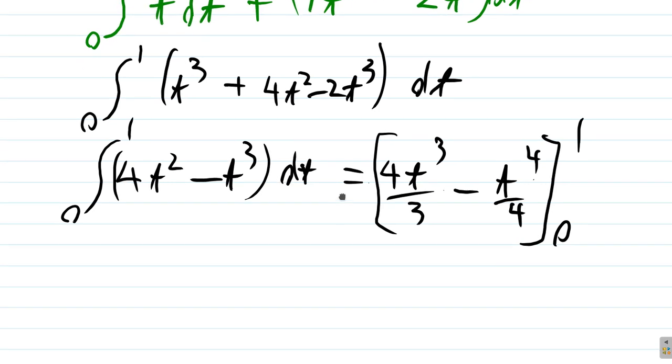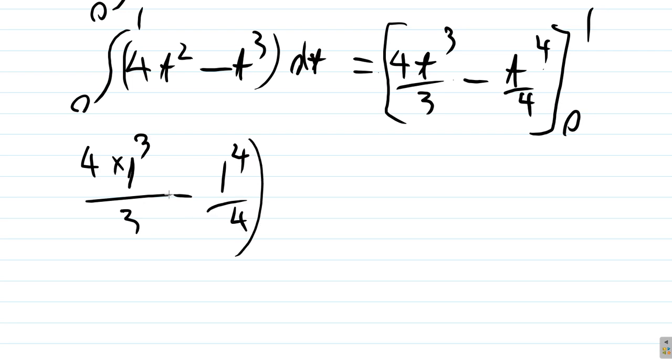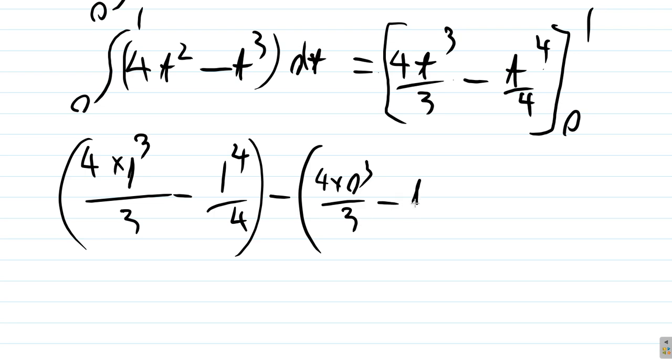So when we do that, what we'll have is 4 times 1 cubed over 3 minus 1 to the 4th over 4, minus, then you put in the lower boundary, 4 times 0 cubed over 3 minus 0 to the 4 over 4.